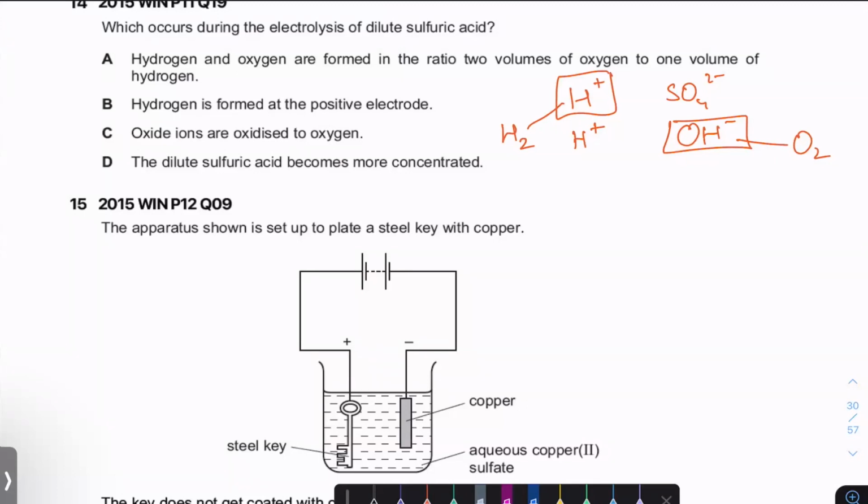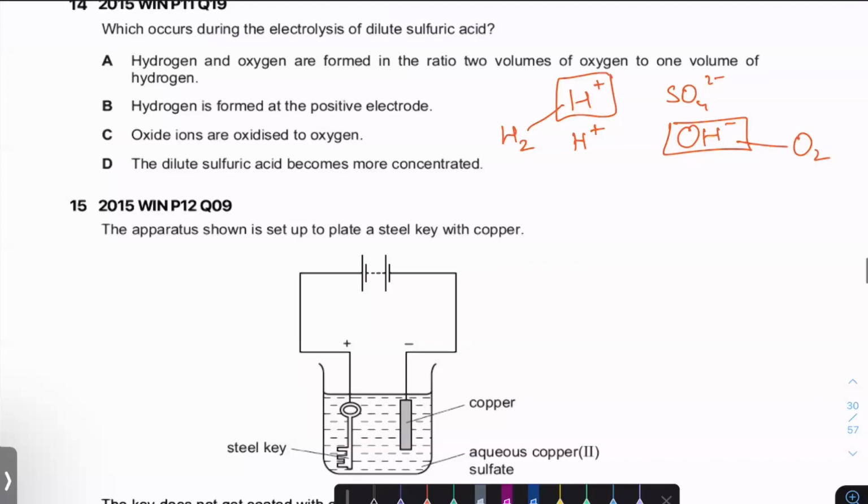If a dilute solution and you remove water from it, it will become concentrated. So knowing this, let's look at the options. Hydrogen and oxygen are formed in the ratio 2:1. That is correct, because it will always be H2O, so hydrogen will always be double.